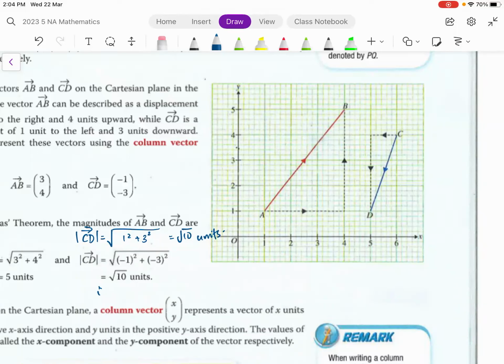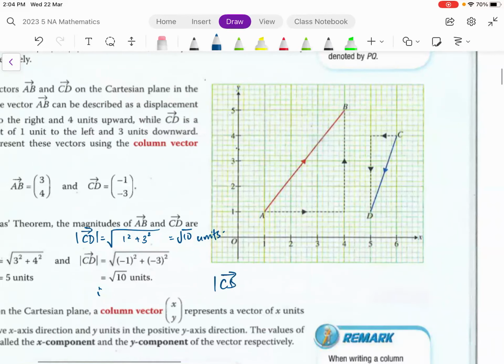So if you try and memorize this, you may end up having more careless mistakes, because students may write CD equals to square root, oh, I remember it's this x squared plus the y squared. So they write negative 1 squared plus negative 3 squared. And then when they start to do their calculation, turns out it is square root 8. Then wrong already.